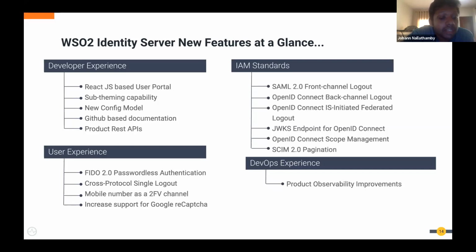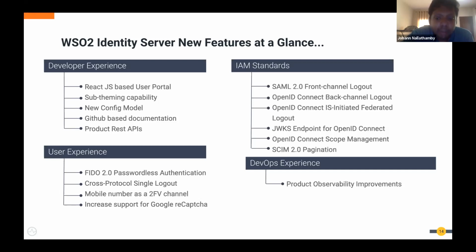And also we've increased the usage of Google reCAPTCHA in various identity management flows in order to detect and prevent bot attacks. In terms of IAM standards, which are always evolving, in the last couple of releases we've introduced the SAML2 front channel logout, improvements around OpenID Connect logout, OpenID Connect Federation, JWKS endpoint, scope management and SCIM2 pagination.